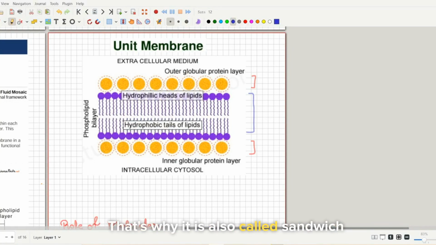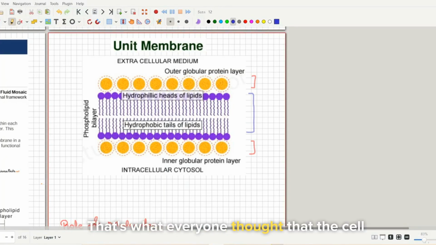That's why it is also called the sandwich membrane model, because the two outside protein layers are sandwiching the lipid inside. Like there are two breads and then you have salad, egg and chicken in between, like you are making a sandwich. That's how the protein is sandwiching the lipid, so it is also called the sandwich membrane model.